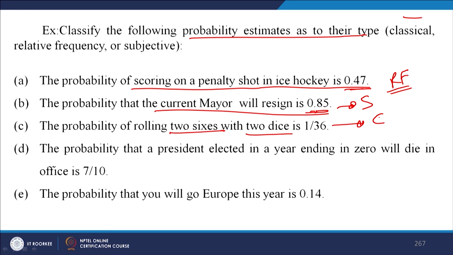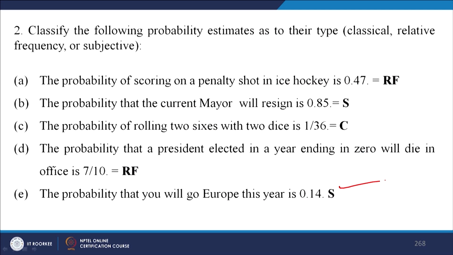The probability that a president elected in a year ending in 0 will die in office is 0.7. This again is the relative frequency approach. The probability that you will go to Europe this year is 14%, which is again a subjective probability. Okay.